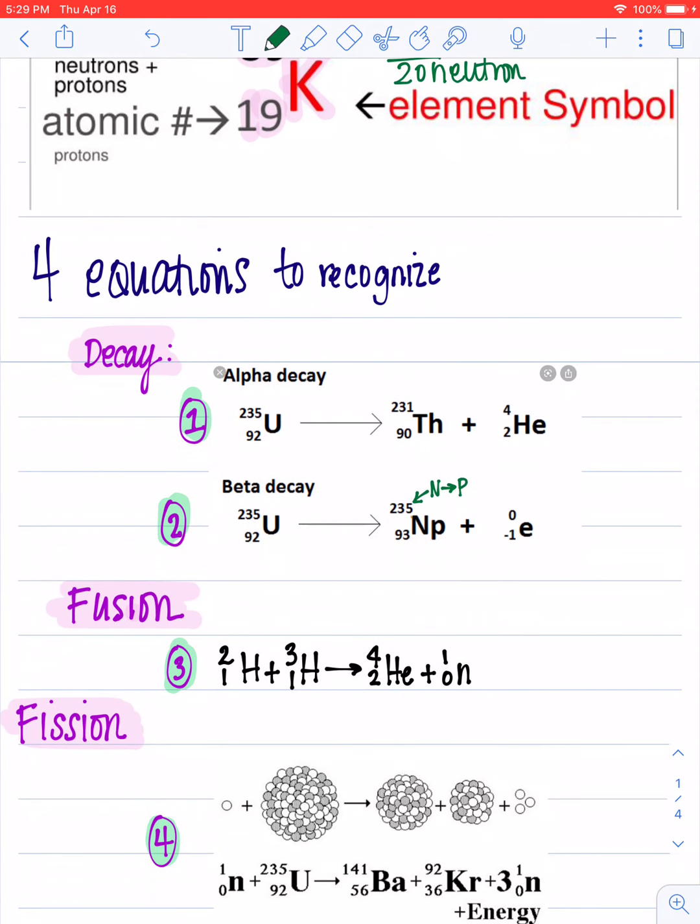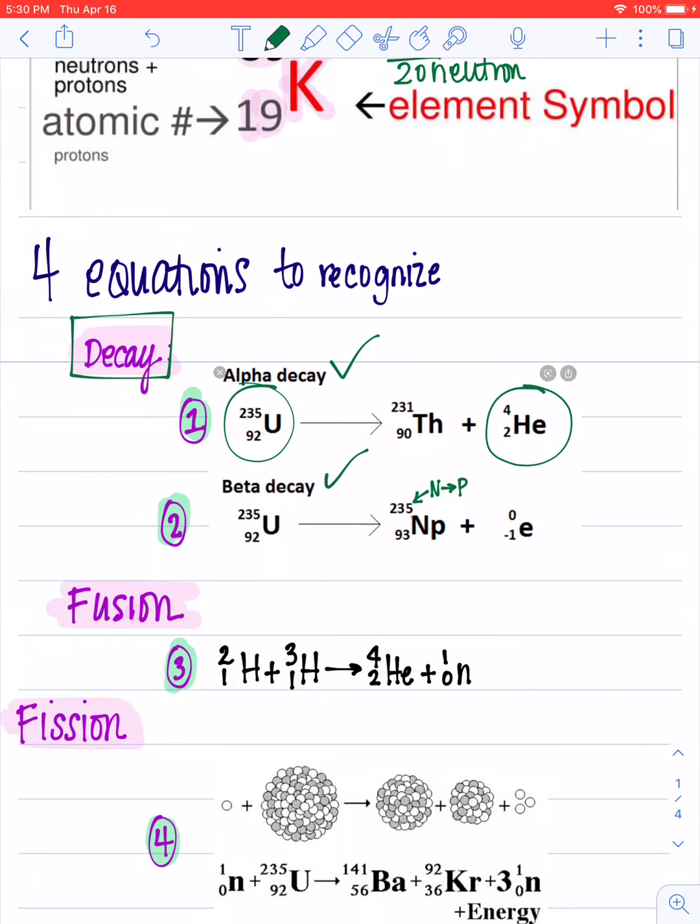All right, so let's talk about 4 equations that you should be able to recognize. So first let's go through 2 different decay equations. The first is alpha decay and the second is beta decay. Basically these are naturally occurring nuclear phenomena, and it's an element that is fairly large that is going to give off some kind of emission. In this case, it gives off, as we mentioned earlier, a helium atom, which is also known as an alpha particle.